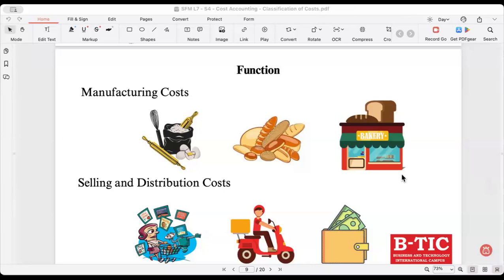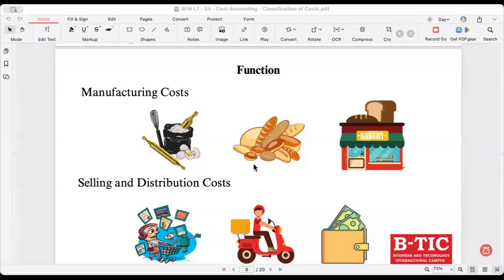And then you have selling and distribution costs. What do you mean by selling and distribution costs? Selling and distribution costs means any cost that is related to selling. Maybe advertisement, market research, distribution costs like packaging the product, warehousing.